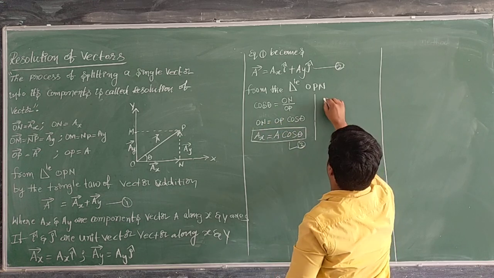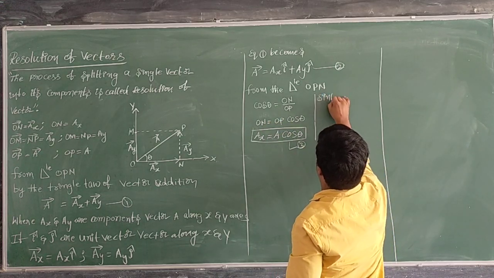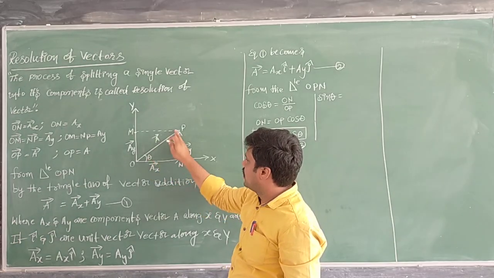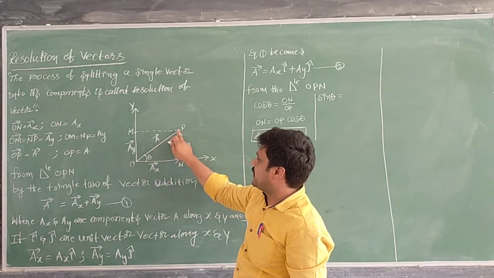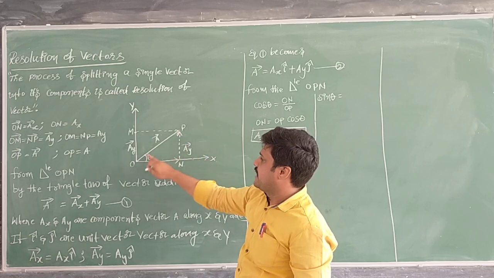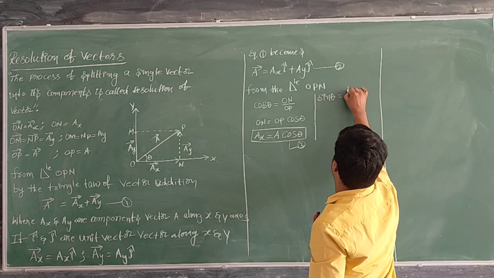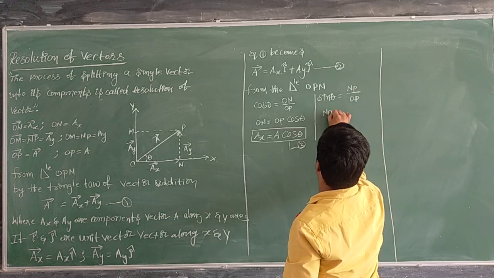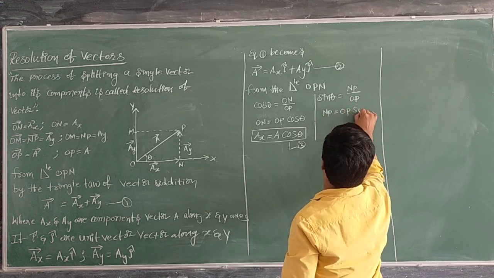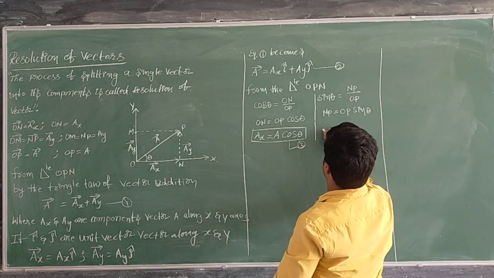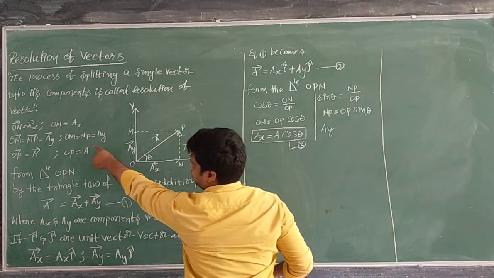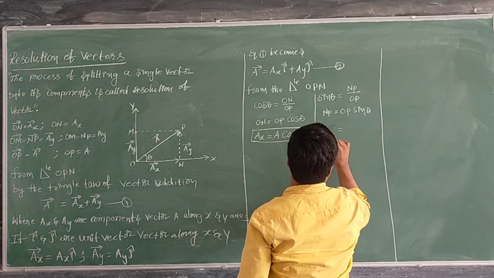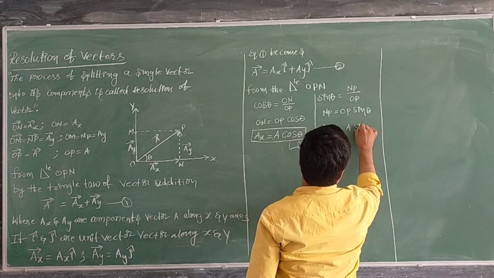Next, from this same right angle triangle, sin theta is equal to opposite by hypotenuse. Opposite is NP, hypotenuse is OP. NP divided by OP. So from this, NP is equal to OP sin theta. NP is nothing but Ay, A suffix y. So Ay is equal to A sin theta.